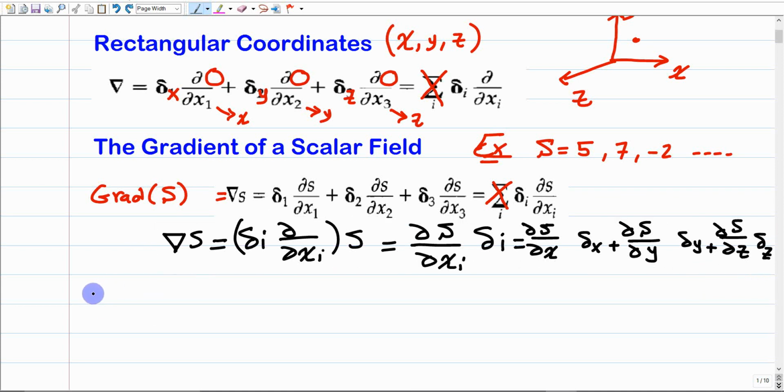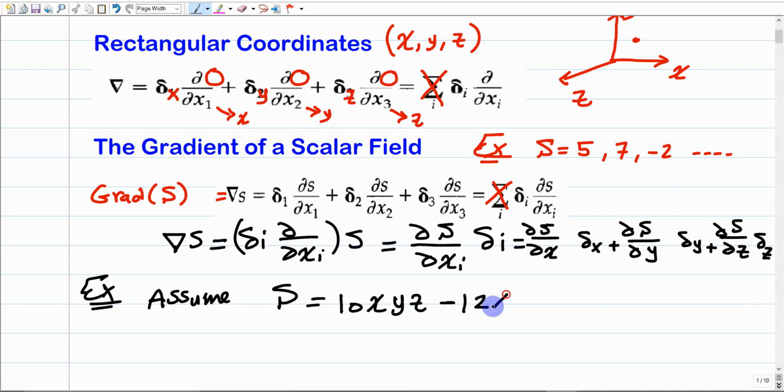So let us consider this as an example. How about if we assume that S is a scalar field that is given in this form, let me have a look at my notes, it is 10xyz minus 12x squared y plus 13z squared x.